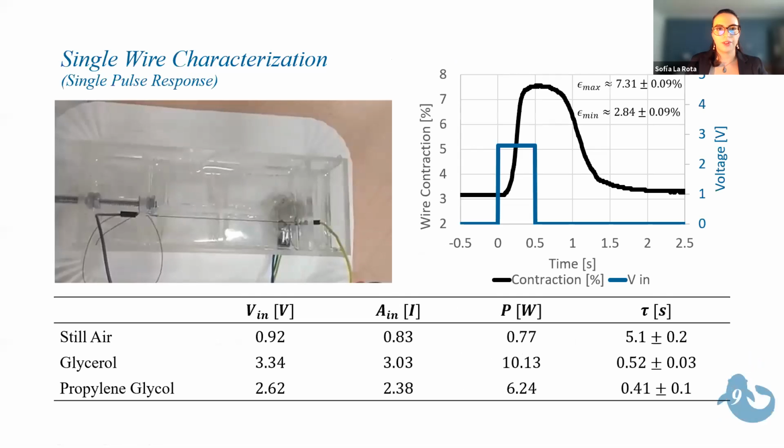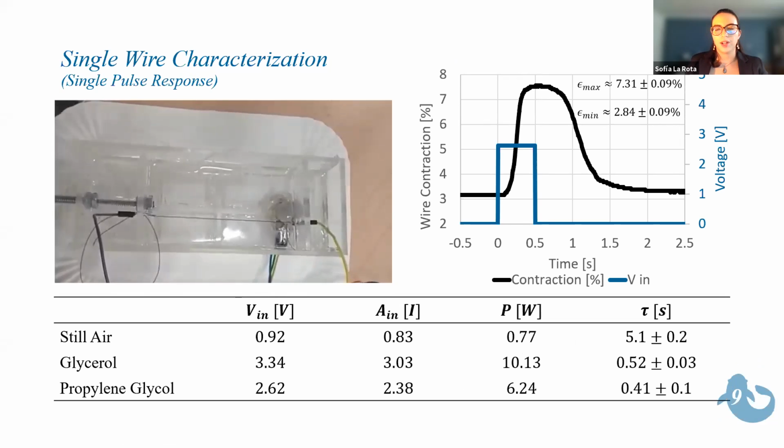Now, for the single wire characterization, it's important to remember that SMA wires exhibit hysteresis, and we have a contraction speed roughly proportional to the input current, while the relaxation dynamics are grossly determined by the heat transfer to the surroundings, and thus exhibit a characteristic first-order response.